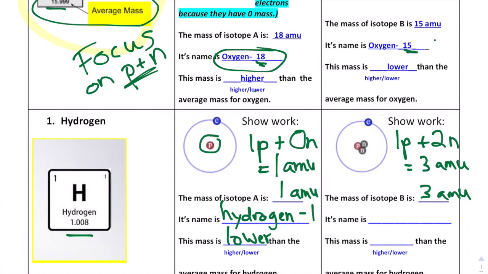And for all of these, they're always the same element, but they're isotopes of each other. They're like twins in the same family. So they're the same family, hydrogen. This one is hydrogen-3 because of the mass of 3. And this mass is higher or lower than the average for hydrogen. Well, the average was 1.008, remember? So this time it's quite a bit higher.